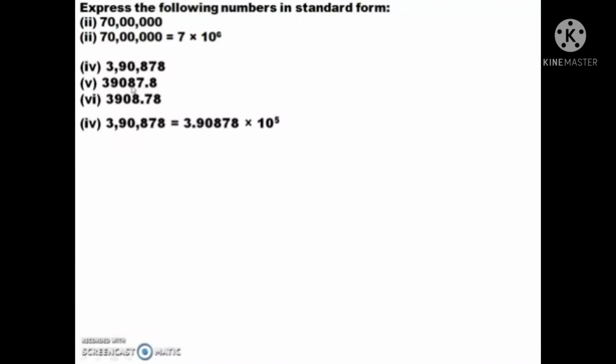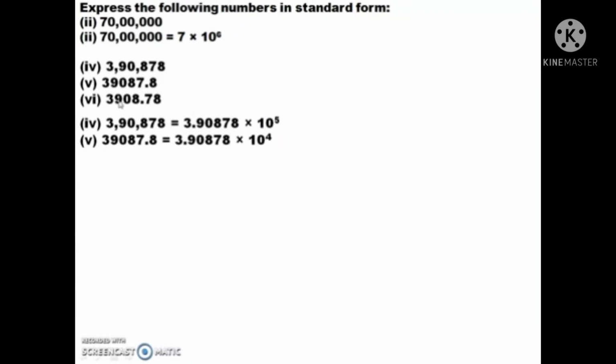From the decimal point to the left, you should count 1, 2, 3, 4. So, what will be the answer? 3.90878 into 10 raised to 4. But in the answer, you can see that this 8 is written. Even though you are not counting it, you should show it in the answer.